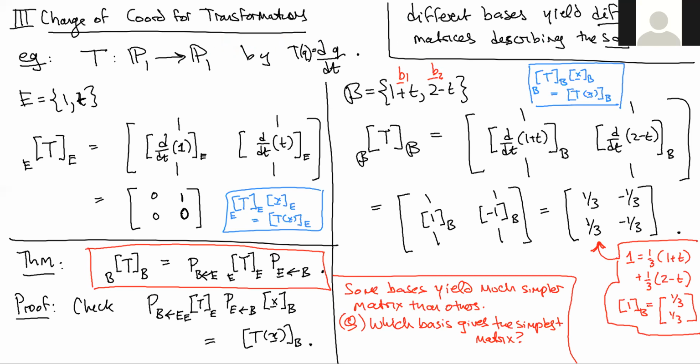Okay. So for this page, I'm a bit confused. For B, the matrix we got in the end, do we write B as a column, or do we write it as a row?